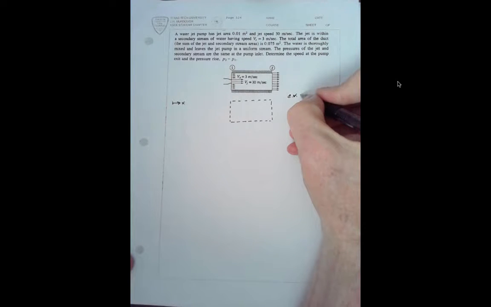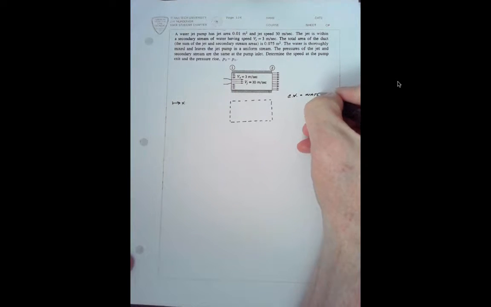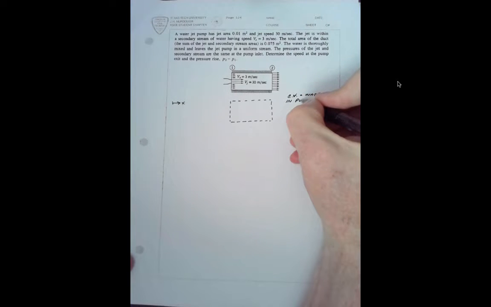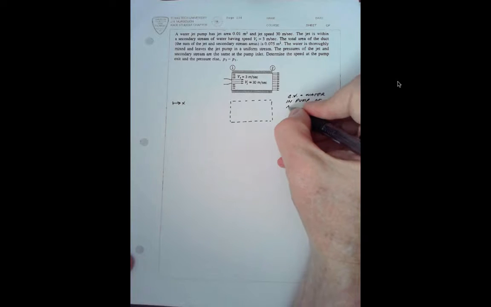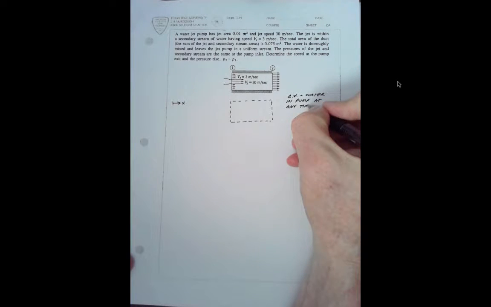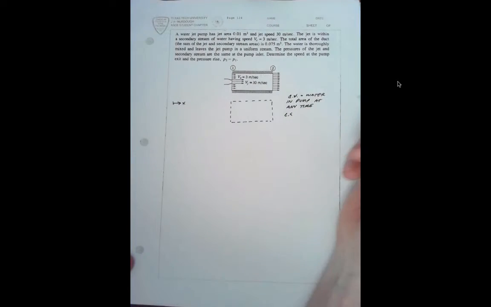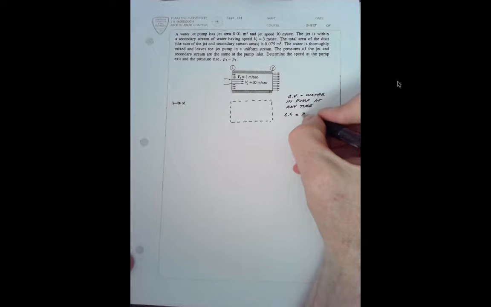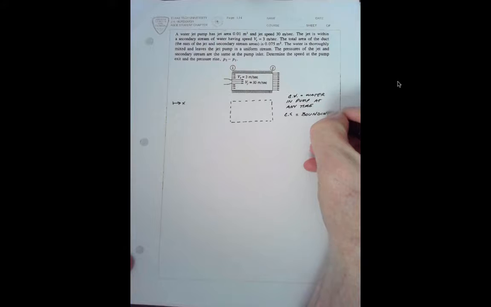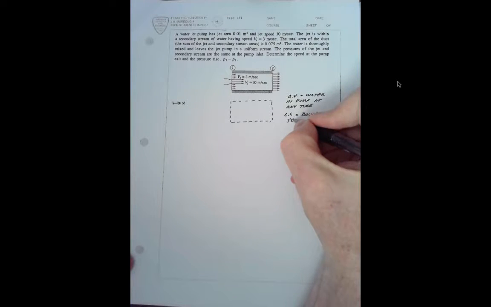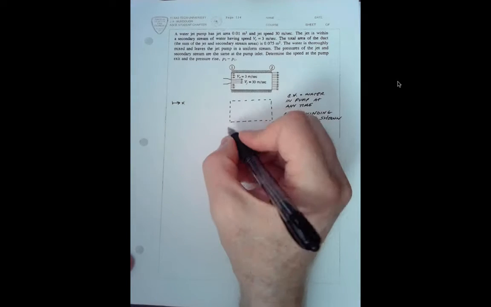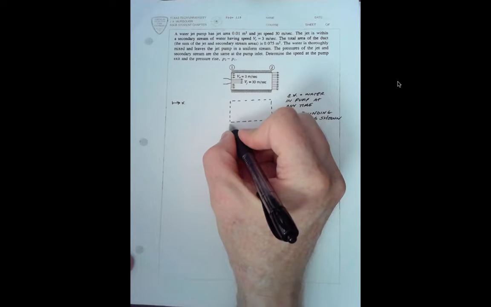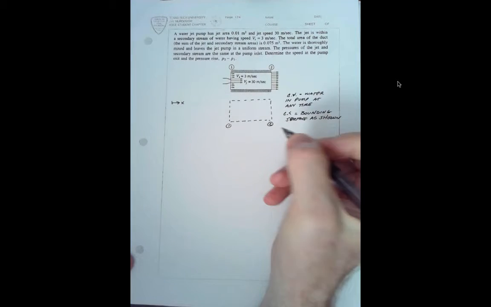Control volume is the water in the pump at any time. Control surface is the bounding surface as shown. And location 1 is here, and 2 is here.